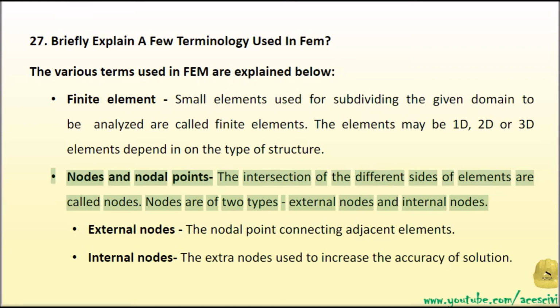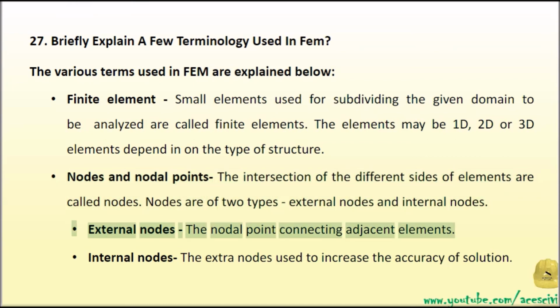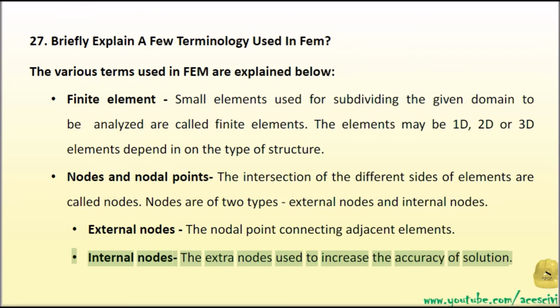The intersection of the different sides of elements are called nodes. Nodes are of two types: external nodes and internal nodes. External nodes, the nodal point connecting adjacent elements. Internal nodes, the extra nodes used to increase the accuracy of solution.